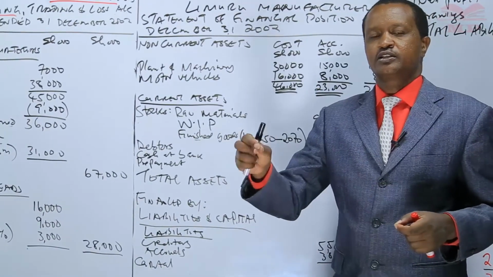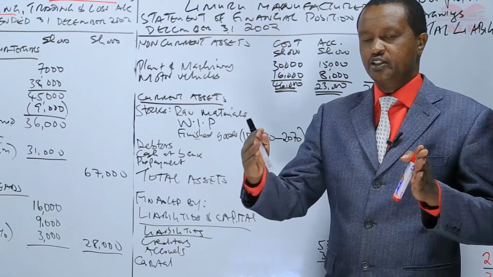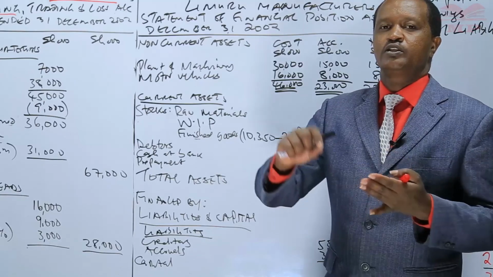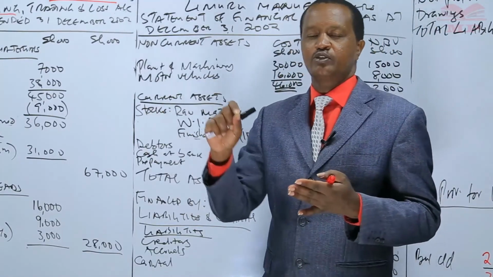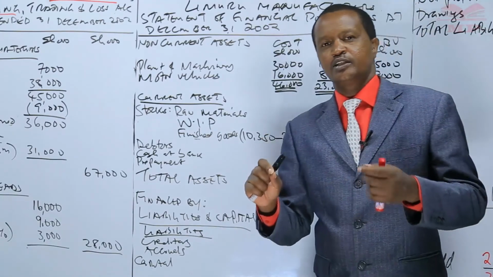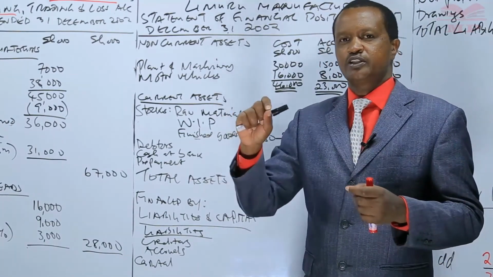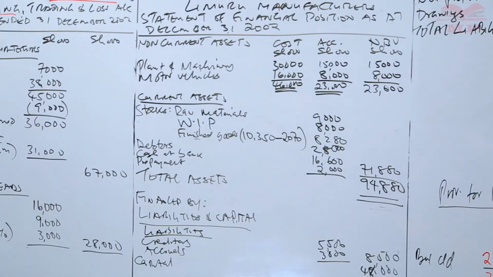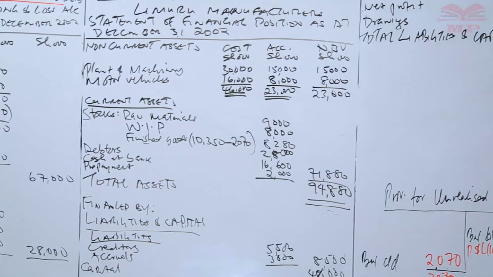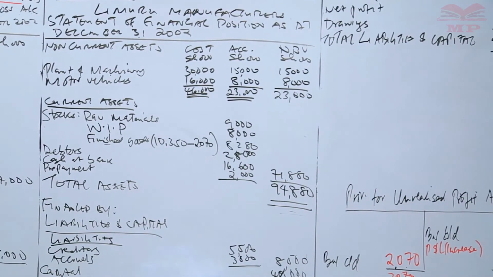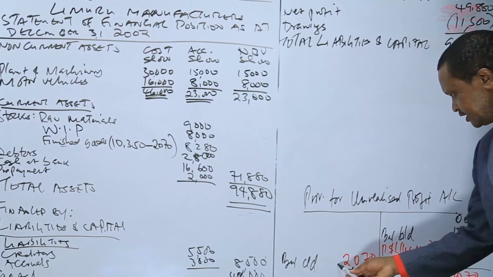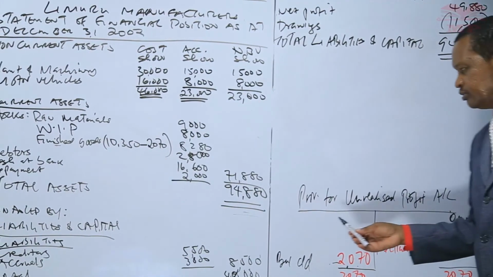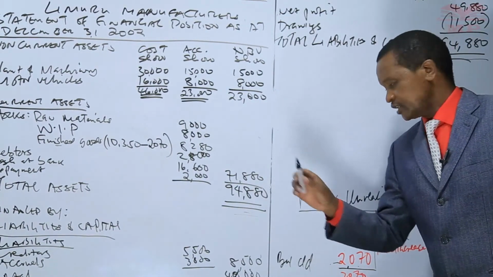We said that the difference between the provision of the unrealized profit at the end of the accounting period on the finished goods, and the provision at the start of the accounting period, as demonstrated in this account, should be charged to the profit and loss account.